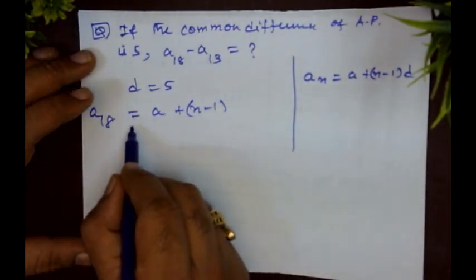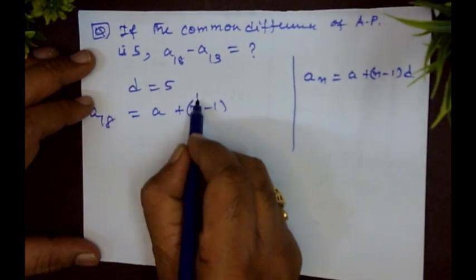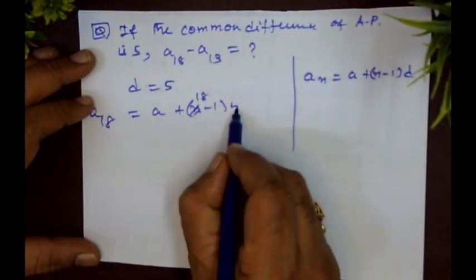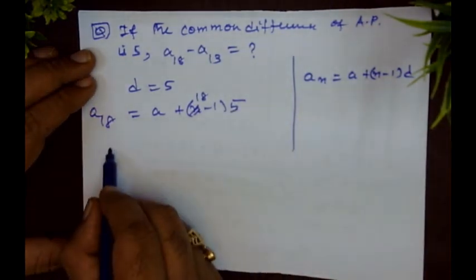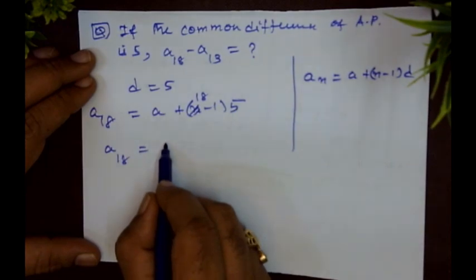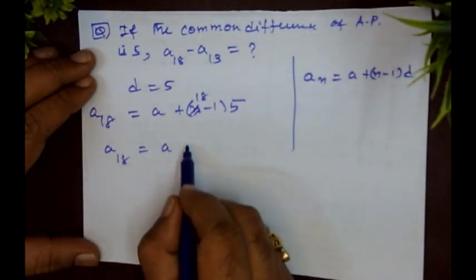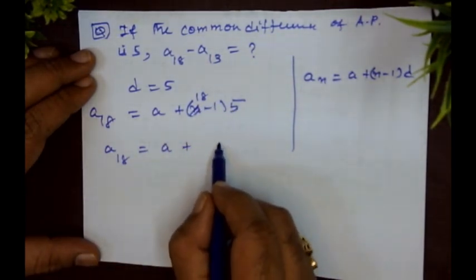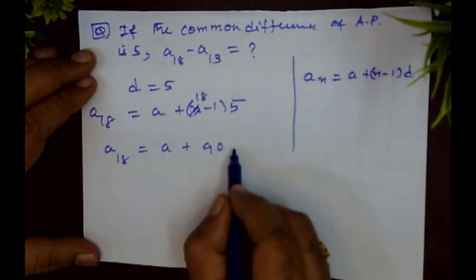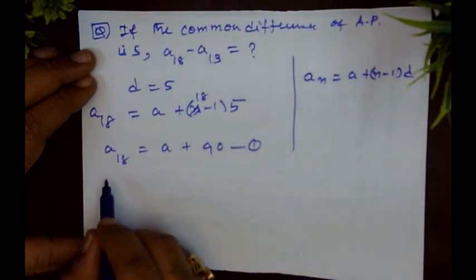So here instead of n you can put 18. 18 minus 1 into d. d is 5. So a18 is equal to a plus 17 into 5, that is 85. So this is equation number 1.